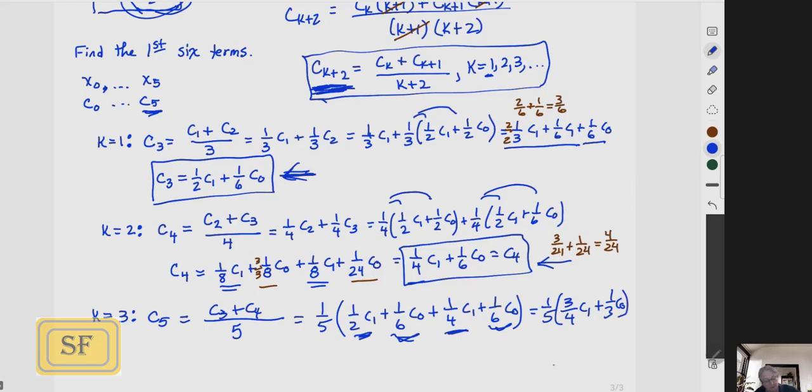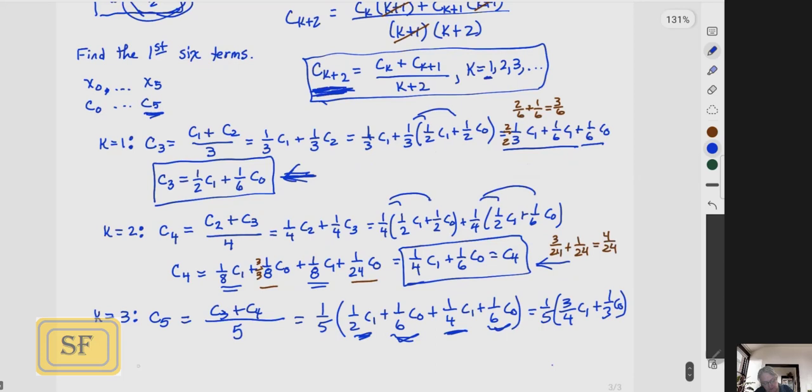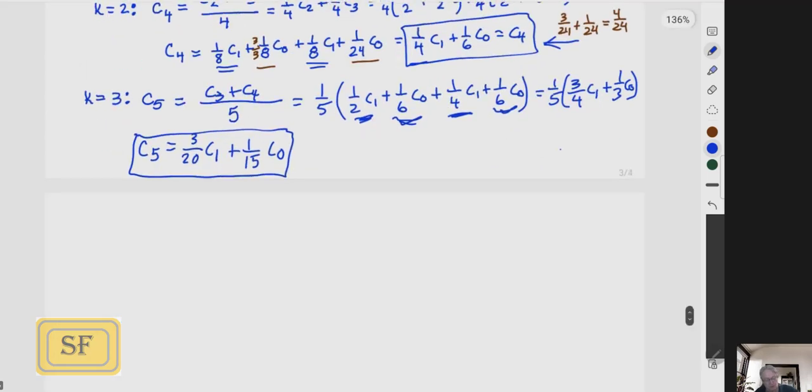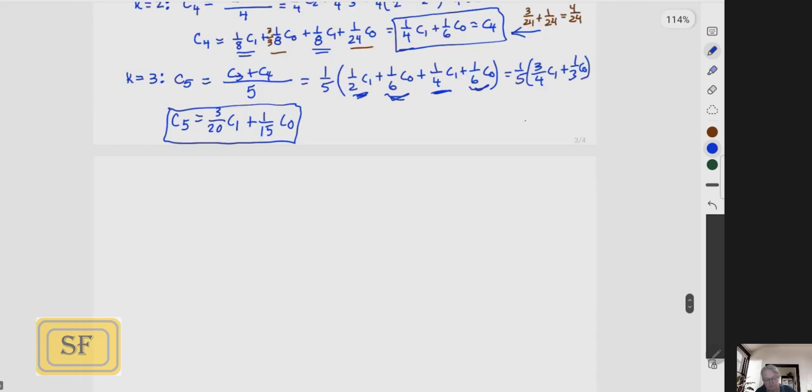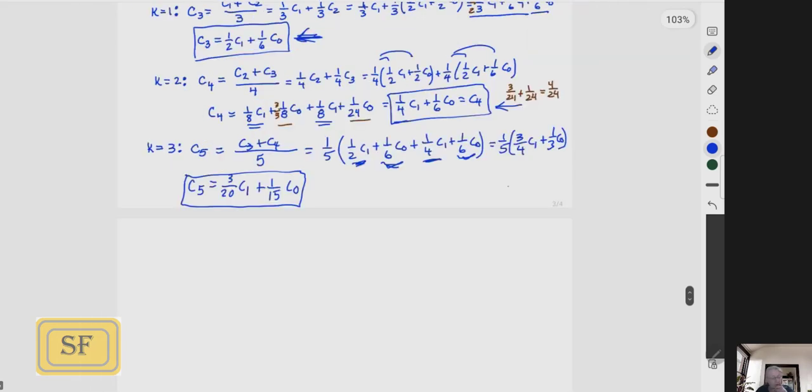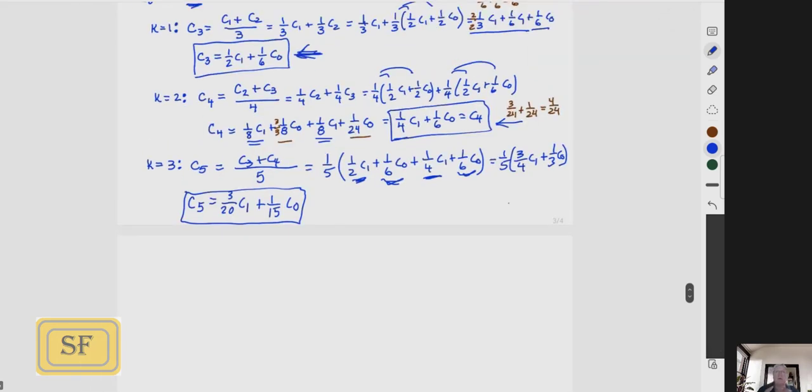So if I multiply through by 1/5, it's going to give me C5 equals 3/20 C1 plus 1/15 C0. So there, I'll go to a new page. And our solution, we have up to 6 terms.